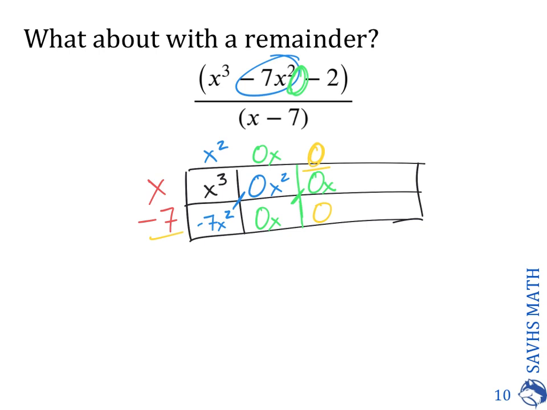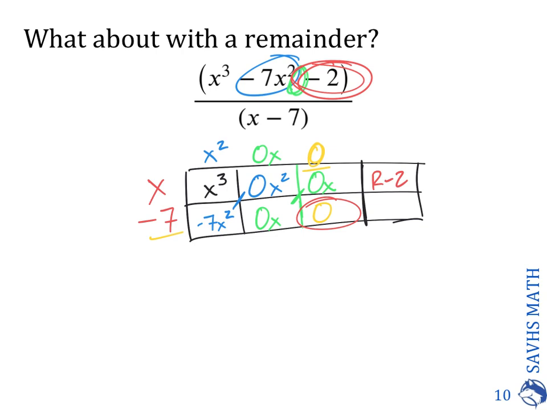But this is the problem. I am at the end of the problem. I'm at the number without a variable, and this does not match this. And so the question is, what do I have to add to get to negative 2? And the answer is the remainder. And my remainder is what you have to add to get back to what you started with.